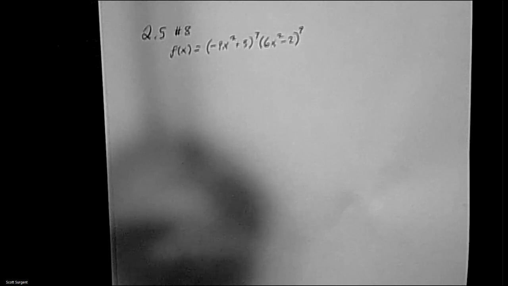You basically just tackle them as you see them. This one clearly is written as a product, so we're going to have to use the product rule. There is no real way around it. You can sometimes do algebra to avoid a certain rule, but in this case, I don't really want to FOIL all that out. So we'll just take it as we see it. The chain rule is actually present in every derivative that you do, every single one.